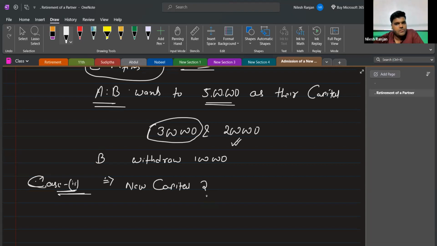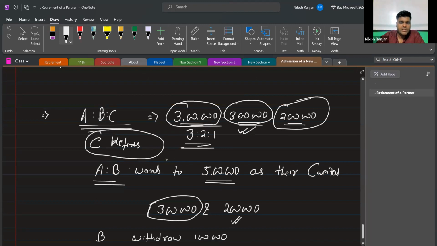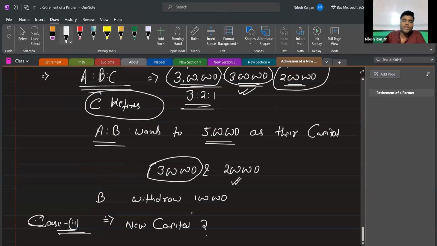It is the same question: 3:2:1, C retires, and the new capital is not given. So what do we have to do here? We deduct C's capital and add the rest, A and B's, and that will be the new capital. So what will be the amount?